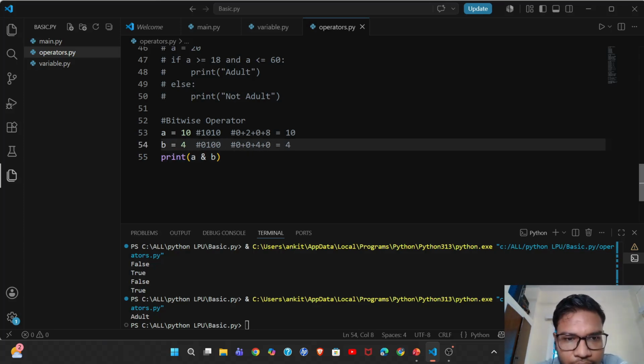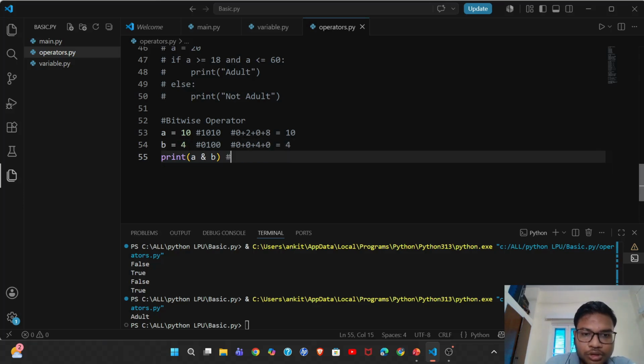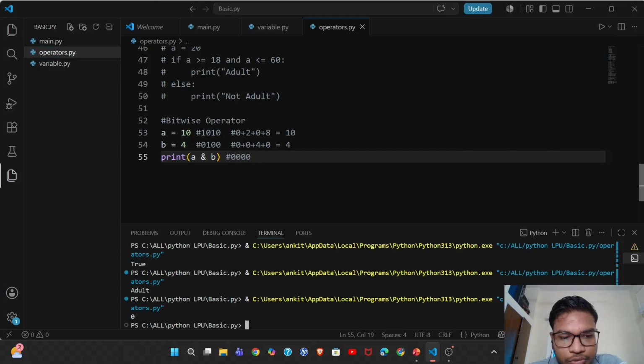Here 0 0 gives 0, 1 0 gives 0, 0 1 gives 0. Then see what the output is. The output is 0. This is how the bitwise AND operator works.